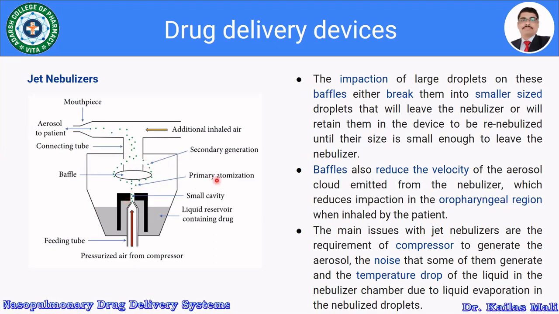So this is the primary generation of mist, and furthermore, due to the baffle, there is a reduction in the mist size. This is the secondary generation. The impaction of large droplets on these baffles either breaks them into smaller droplets that will leave the nebulizer, or retains them in the device to be re-nebulized until their size is small enough to leave the nebulizer.